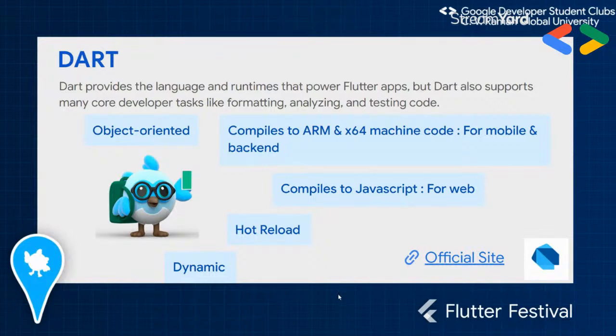It compiles to ARM and 64-bit machine code for mobile and backend development, and compiles to JavaScript when working with Flutter for web. It is also a feature of Dart that provides Flutter its hot reload feature, and it is dynamic in nature, as we can explicitly specify the variable, and it is an optionally typed language as well. We can take a look at the official site.